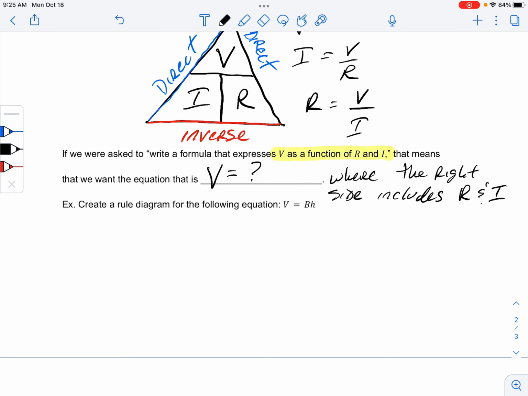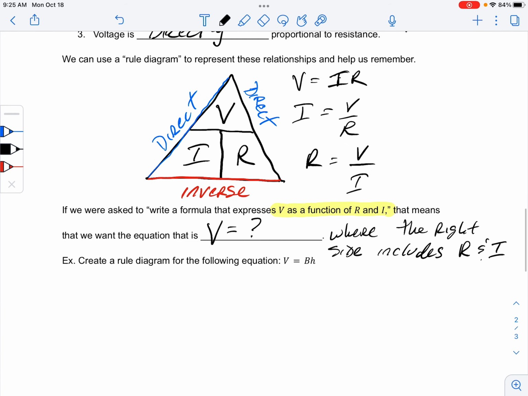So in the case of our voltage situation, we would be looking for this equation right here. This would be writing V as a function of R and I.